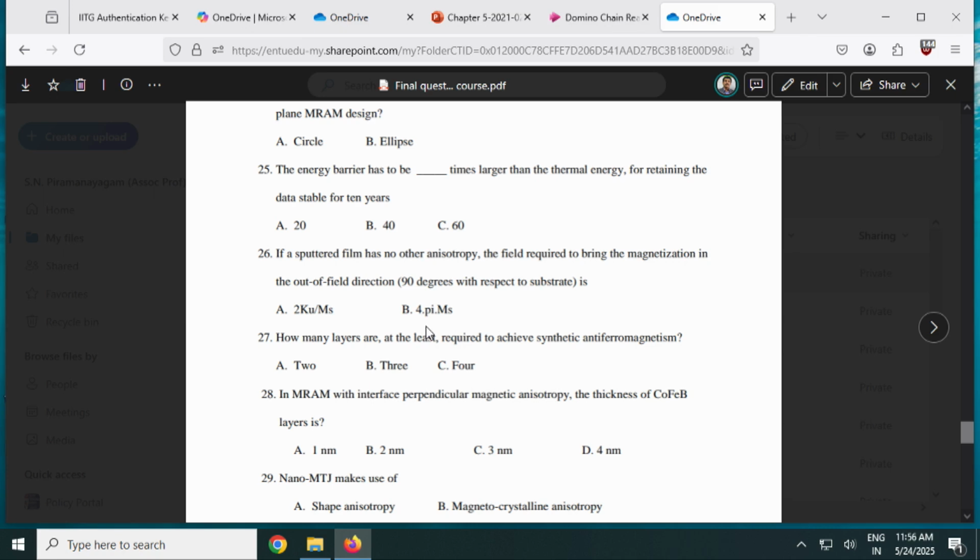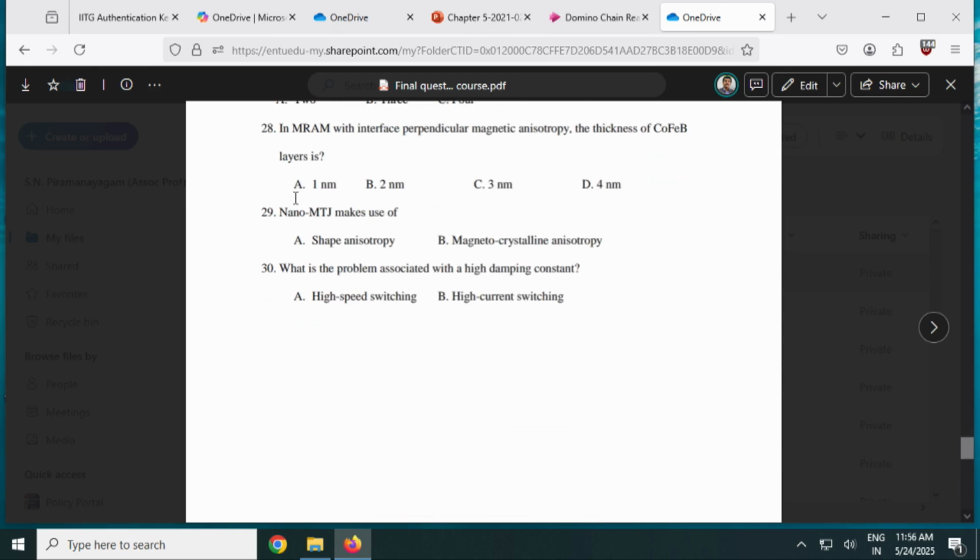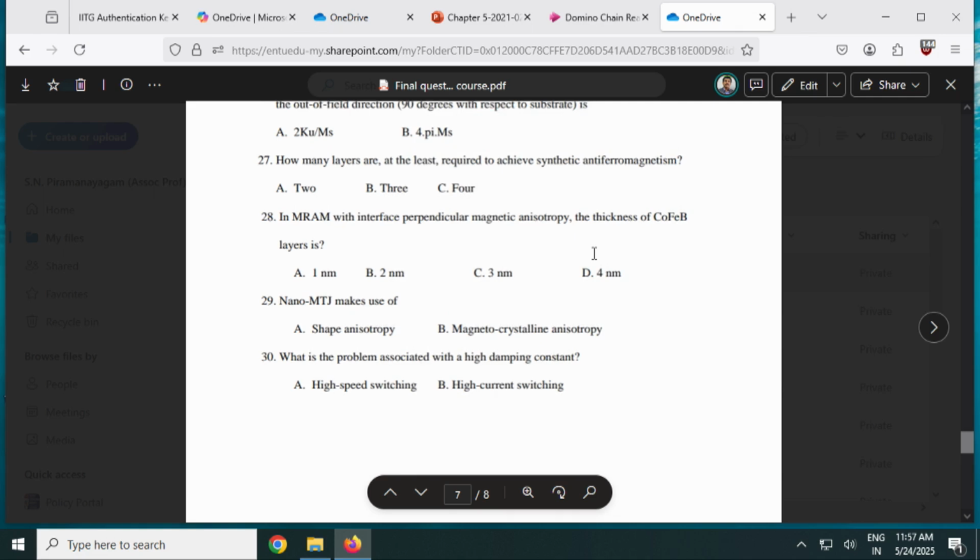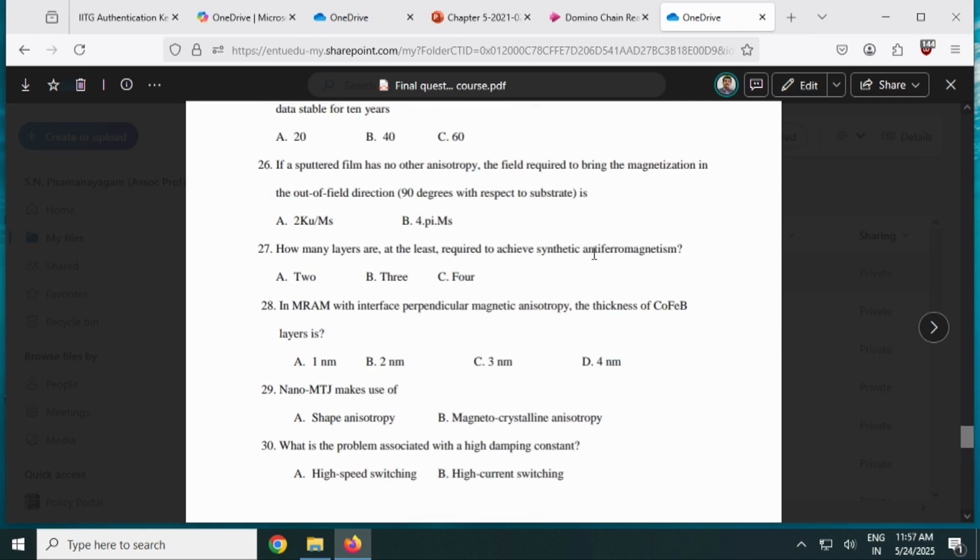If you want, for your reference to see how many are correct. This is how it happens in our college.